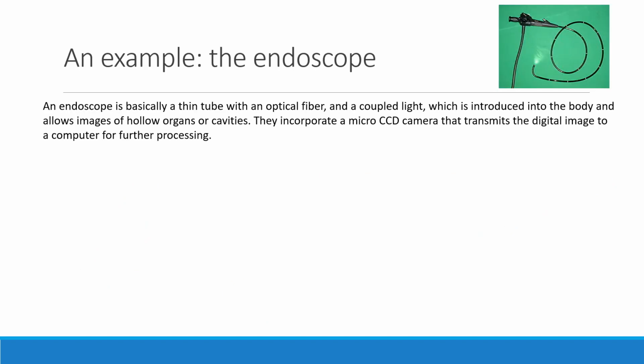As an example, I've used the endoscope. The endoscope is an example in which, at first sight, you would never think that materials play an important role. However, in a modern endoscope, you have an optical fiber.